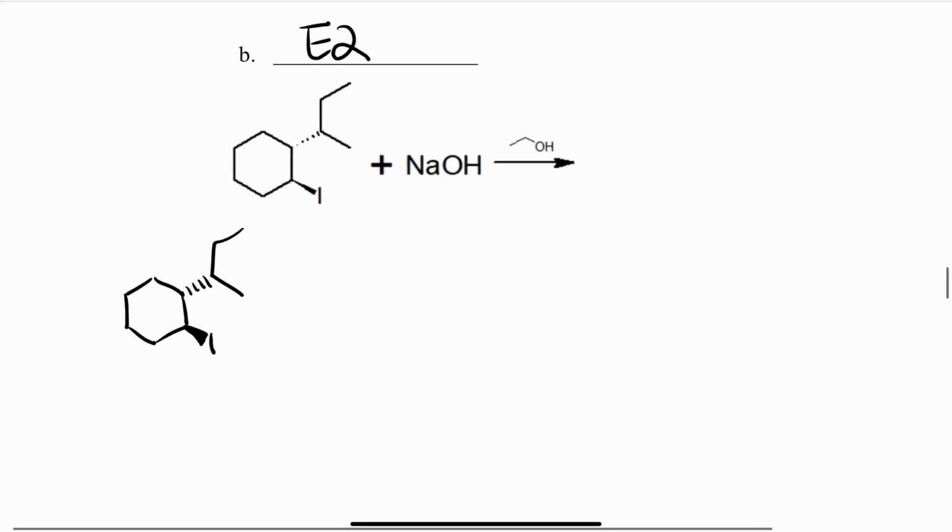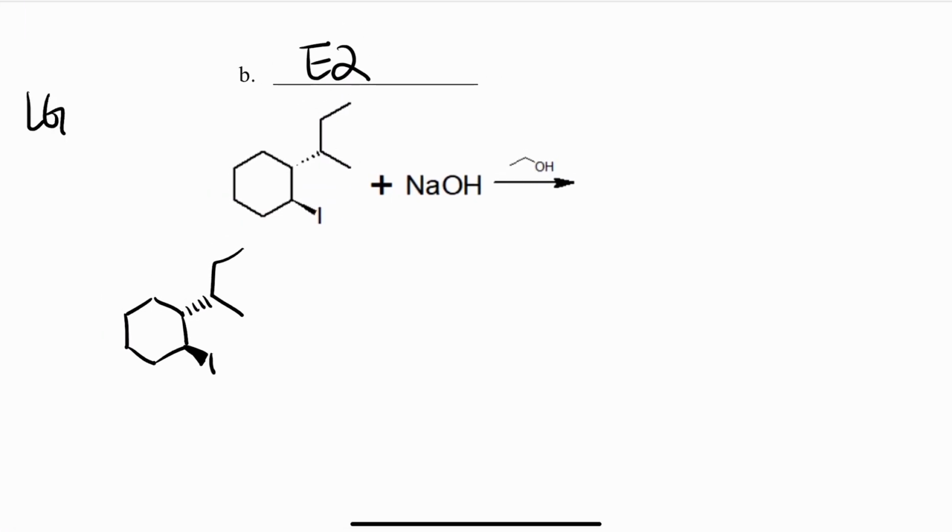The first thing is always the leaving group. So what's the leaving group? The leaving group is the thing that leaves. It's the thing being shown as connected to the main molecule. So what is it here? It's iodine. Okay, that's definitely going to go away.